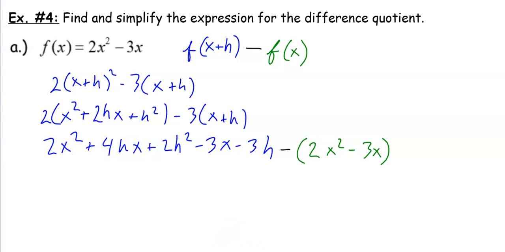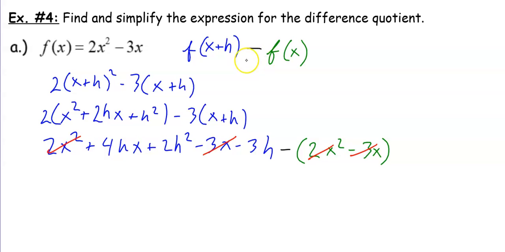Now we've got some like terms, so I can do blue minus green. So 2x squared minus 2x squared, my x squareds are going to cancel out. I've got a negative 3x minus a negative 3x, so those are going to cancel out.